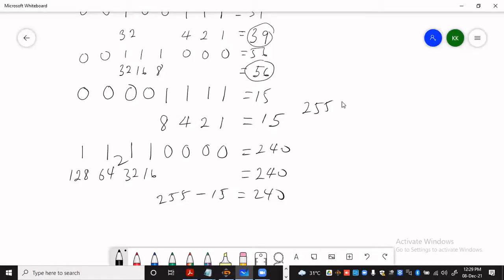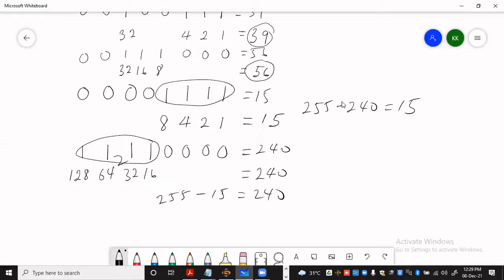Now you have switched off 240 of them, and you know that the first 4 is going to give you 15, because these are the only 4 that have been switched on. In this one, the last 4 have been switched on, so they give you the 240.